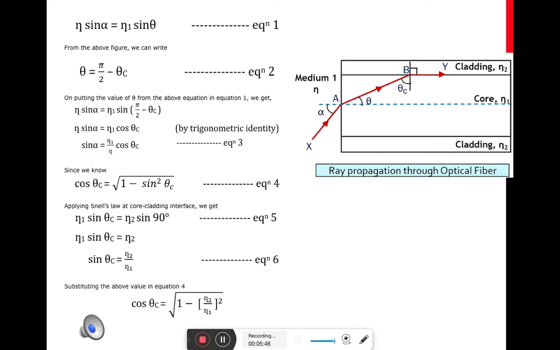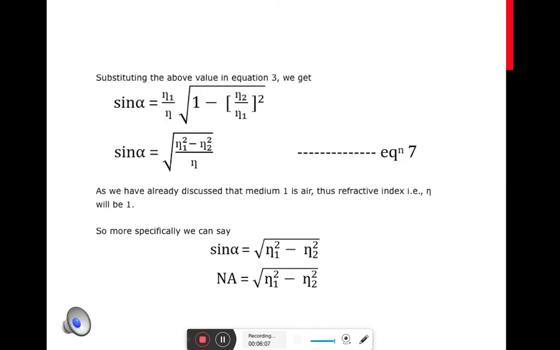Now we will substitute the above value in equation 4. Our cos theta c will be equal to root of 1 minus n2 by n1 the whole square, substituting the value of sine theta c as n2 by n1. Then we substitute the value of cos theta c in equation 3.